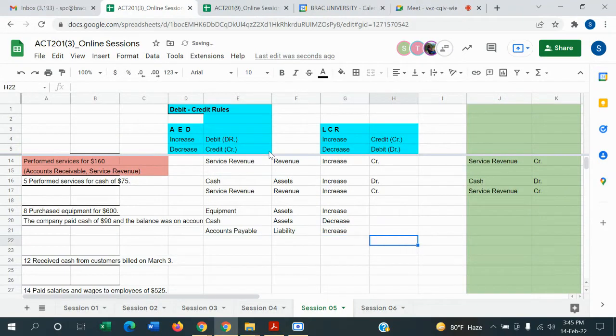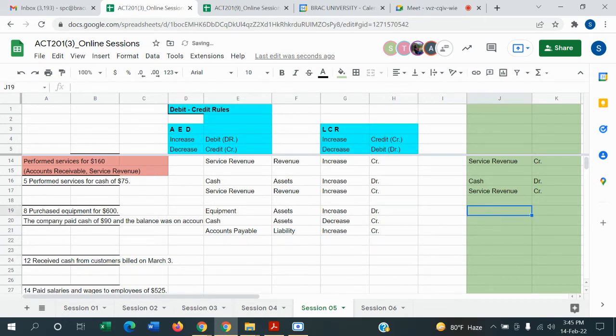Excellent. Equipment increase, debit. Cash asset reduce, credit. Liability increase, credit. Just apply these rules.